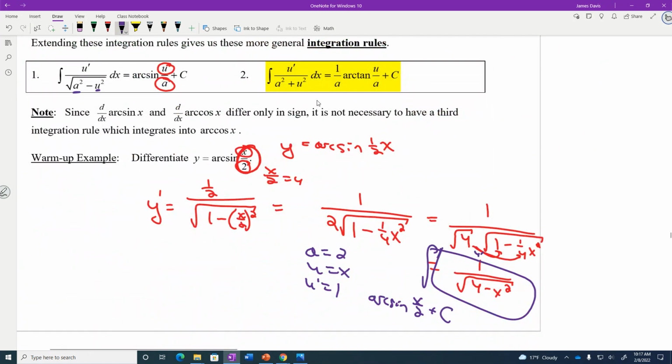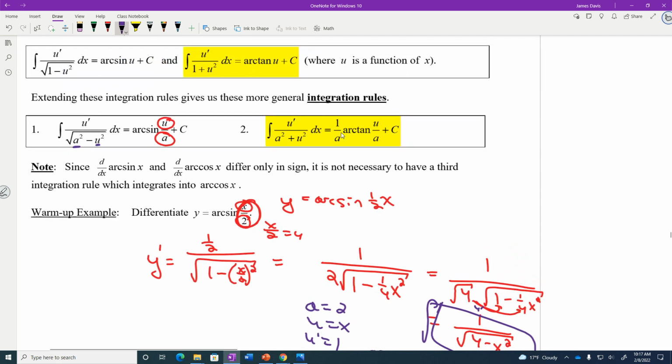All right, so here's our inverse tan. We want the u squared, and then it's a constant squared plus whatever the u is squared. The u can be a function, whereas a is just a constant.